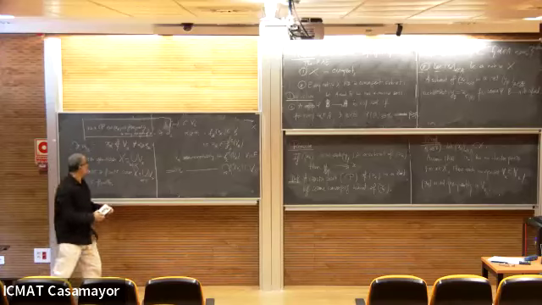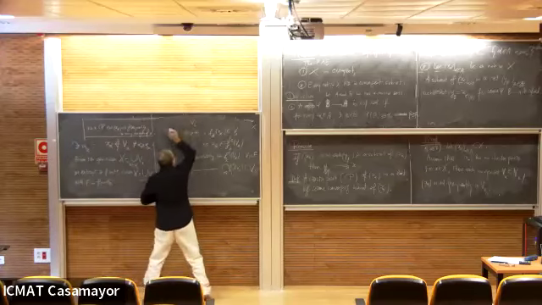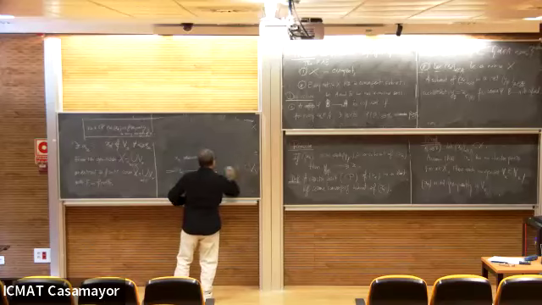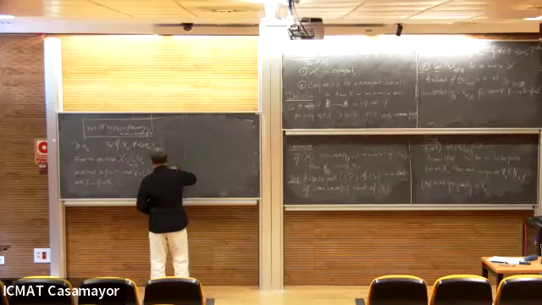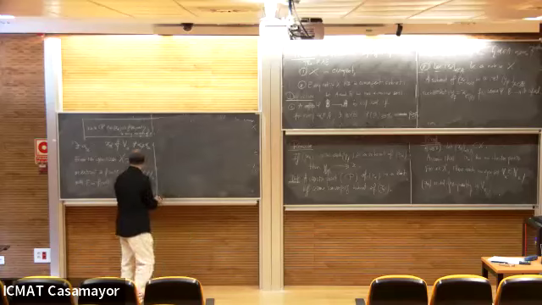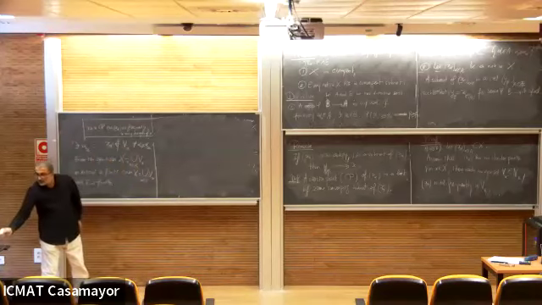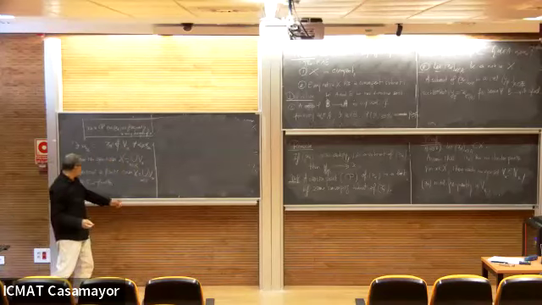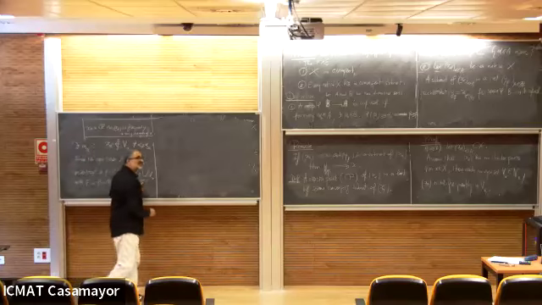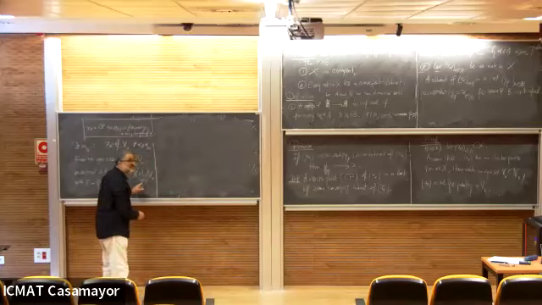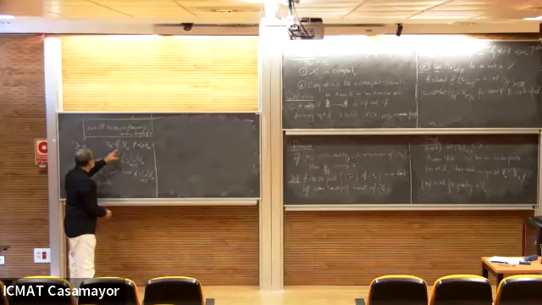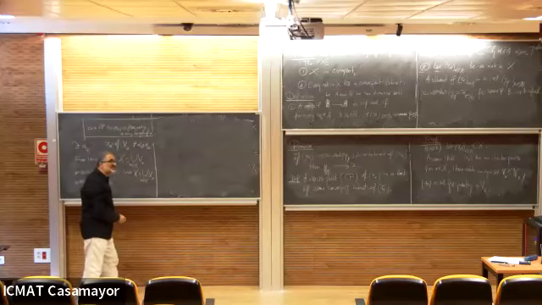Now, observe that for every X here, there is an alpha X such that X alpha does not belong to Vx.